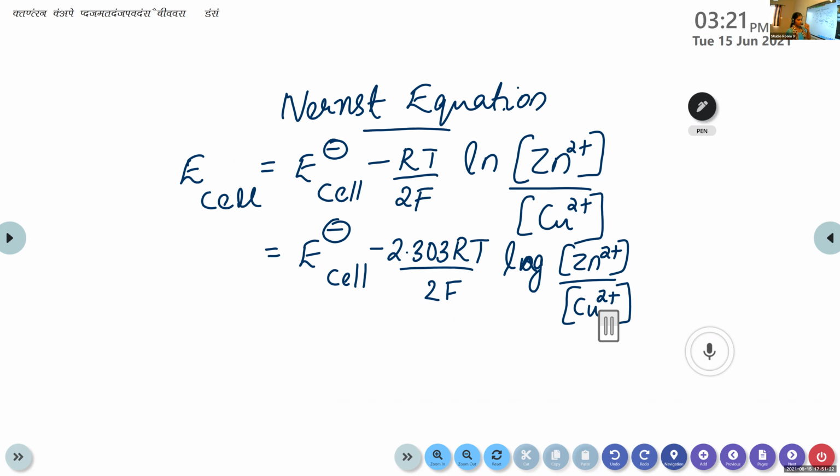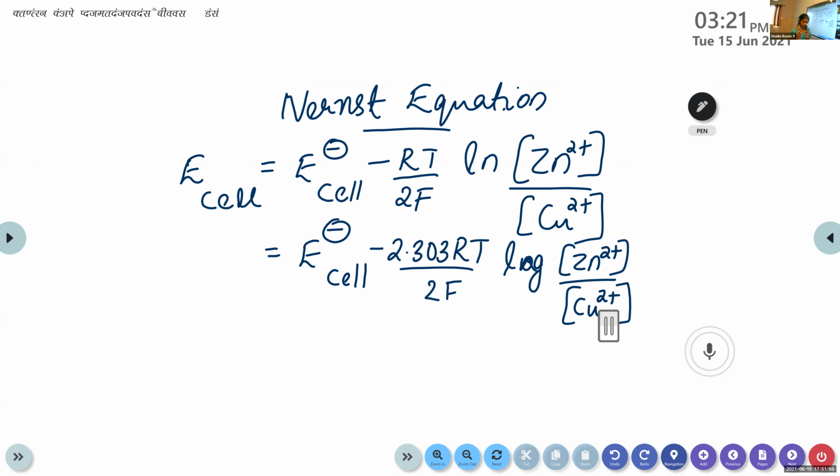Right? What do you mean by R? R is the universal gas constant, and you know the value. It is 8.314. Then what about temperature? We can take the standard temperature, that is 293 Kelvin. Then what about F, Faraday's constant? Its value is also given for you.